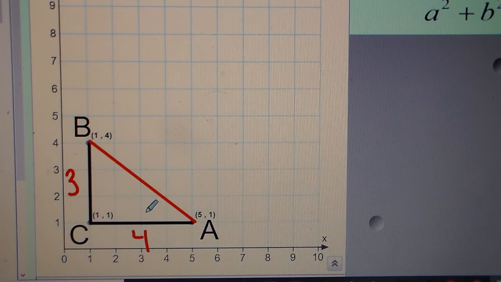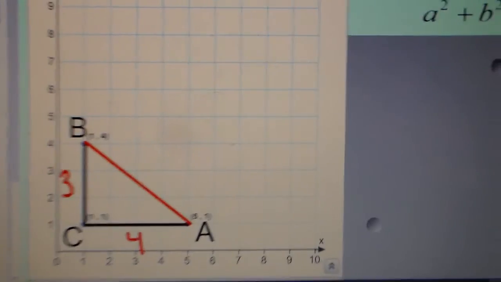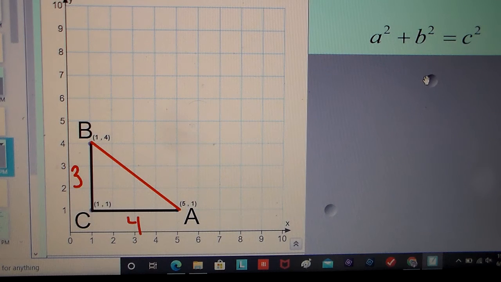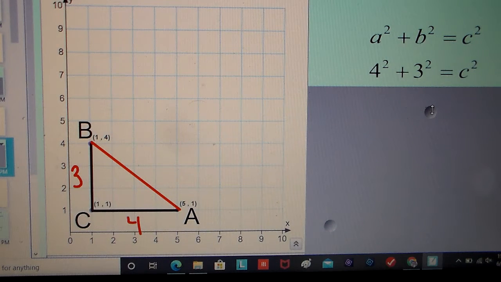Now that you know those distances, you can plug those 2 numbers into the Pythagorean theorem, a squared plus b squared, and that's how we're going to find c squared. I'll zoom out real quick. Four squared plus 3 squared equals c squared.